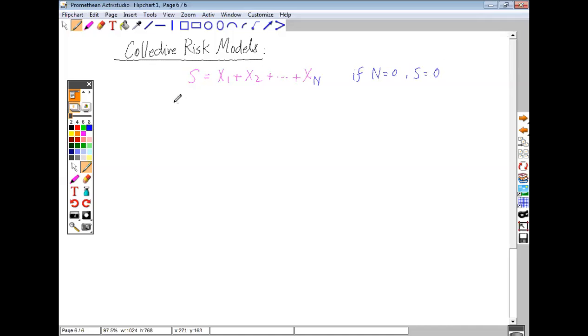And again, in short, I will just write my S as summation over x_i's from 1 to n, where my n is discrete and x will be some continuous thing, right? And which renders my S to follow a compound distribution, which we will derive.